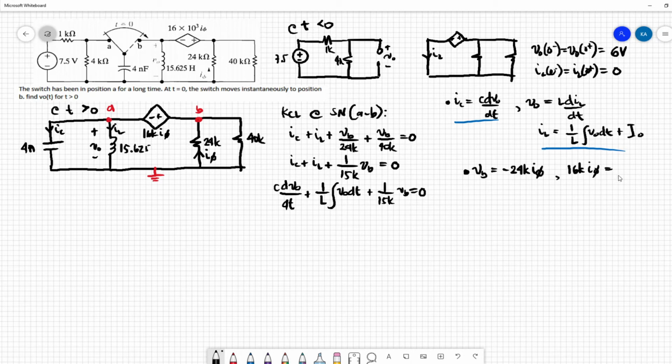Substituting the value of VB, we have 16k i phi equals negative 24k i phi minus Vo. So our Vo is equal to negative 40k i phi, or i phi expressed in terms of Vo is negative 1 over 40k Vo.